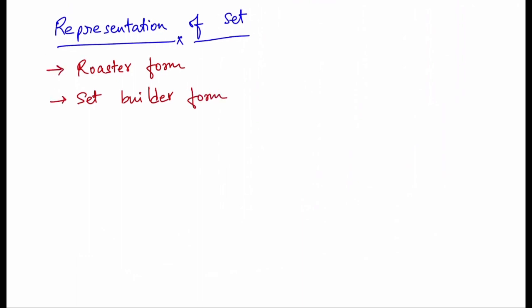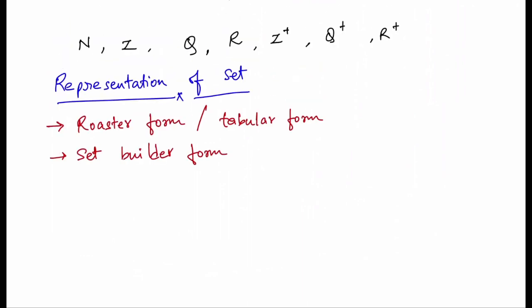Roster form is also called tabular form, and set builder form is also called property form. We can use that name also. Before that, I want to discuss another thing.